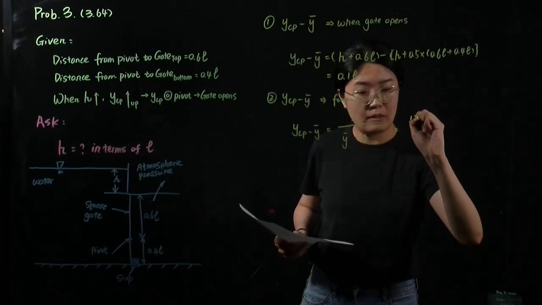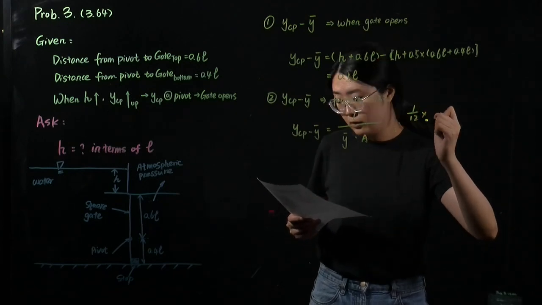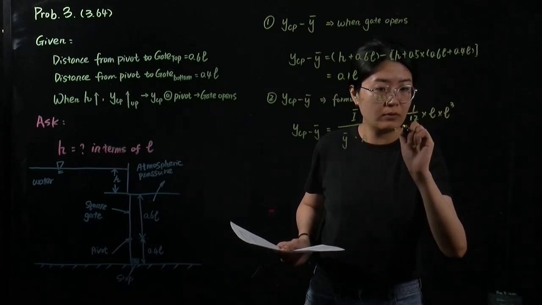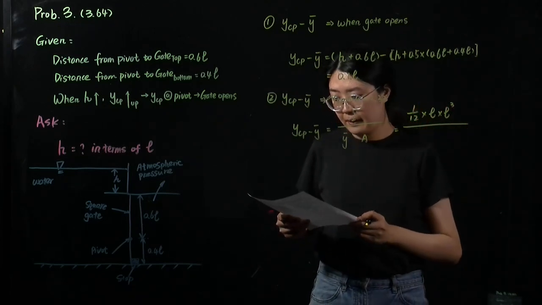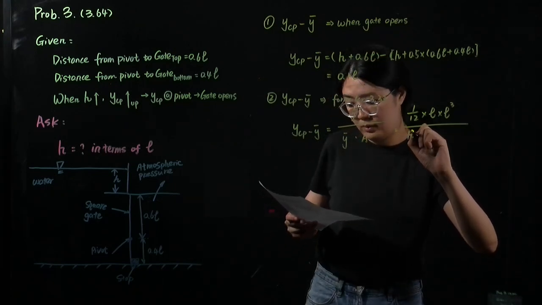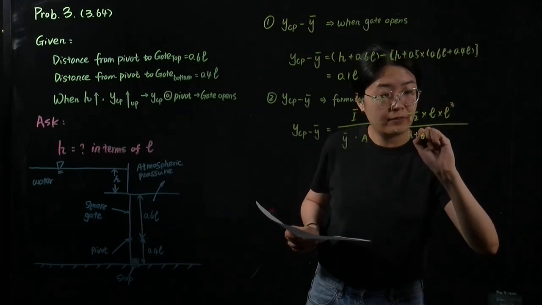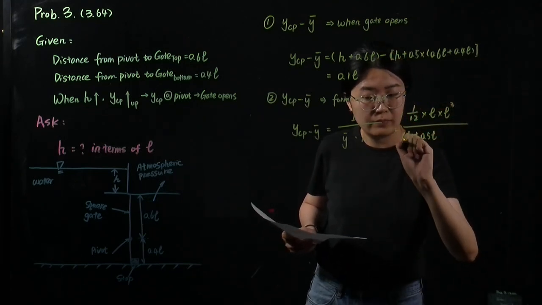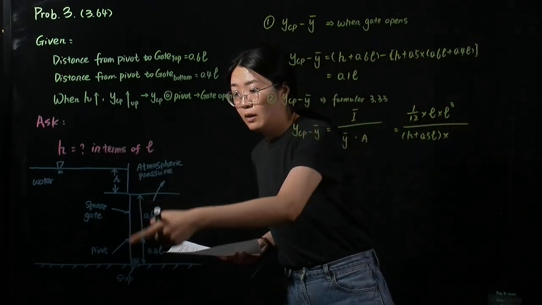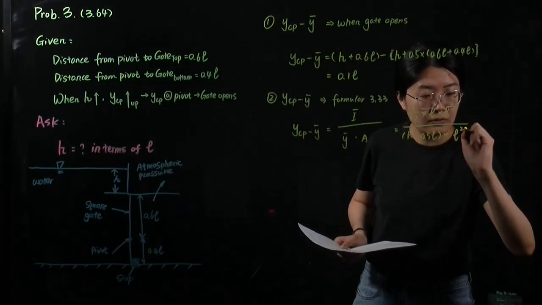So the moment of inertia equals 1/12 times L times L to the power of 3, divided by h plus 0.5 L, times the area, because it's a square gate, so the area is L to the power of 2.